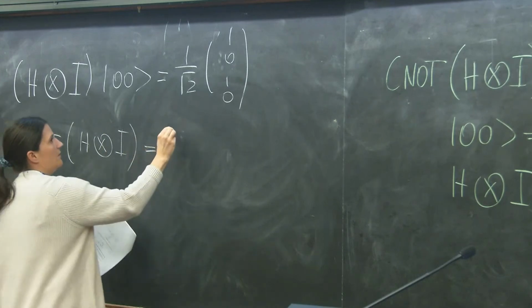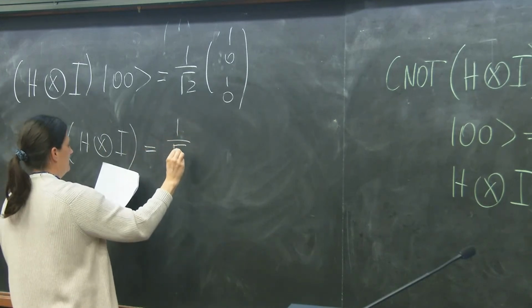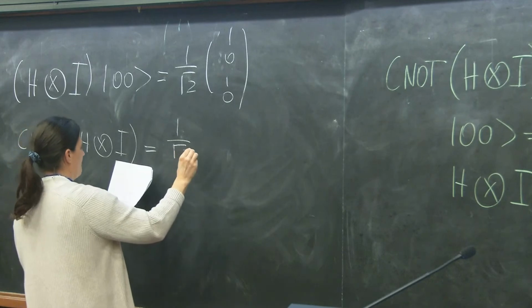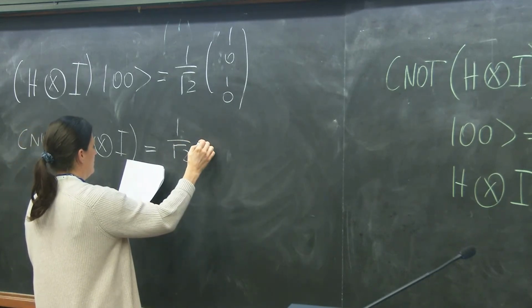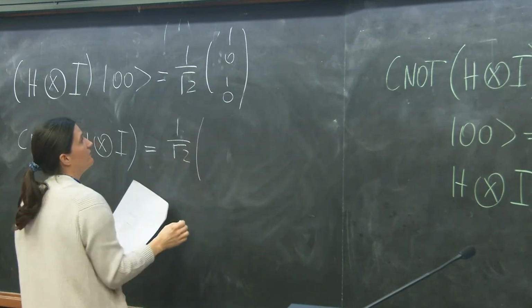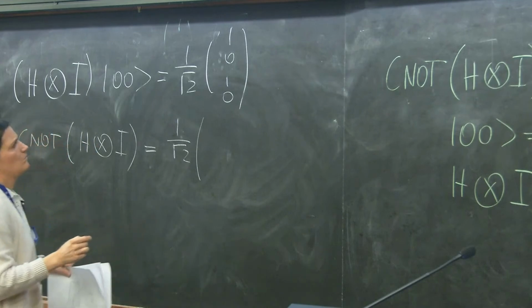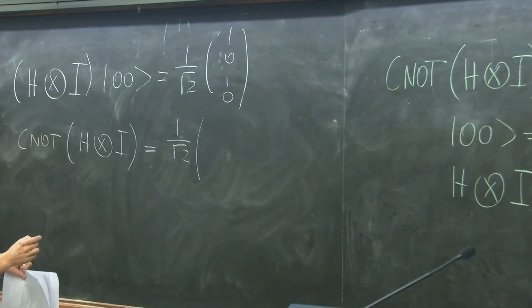And that will give you 1 over square root of 2. So you're flipping it, CNOT. So what do you get?